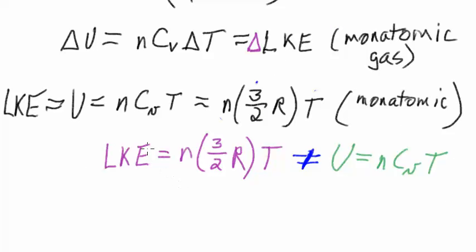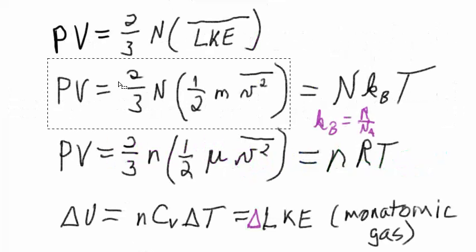What changes is that the linear kinetic energy is still equal to N times 3/2 R T, and the total kinetic energy is still equal to N C sub V T, but the linear and total kinetic energy are no longer equal to one another. All right, now that we've put this equation, PV equals 2/3 N times the average linear kinetic energy, into some context, however esoteric it might be, I'd like to get on with showing how it's derived.